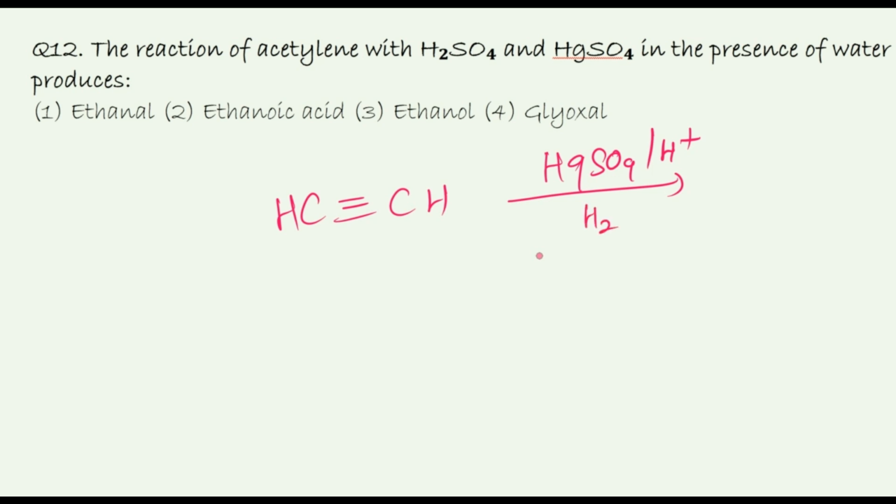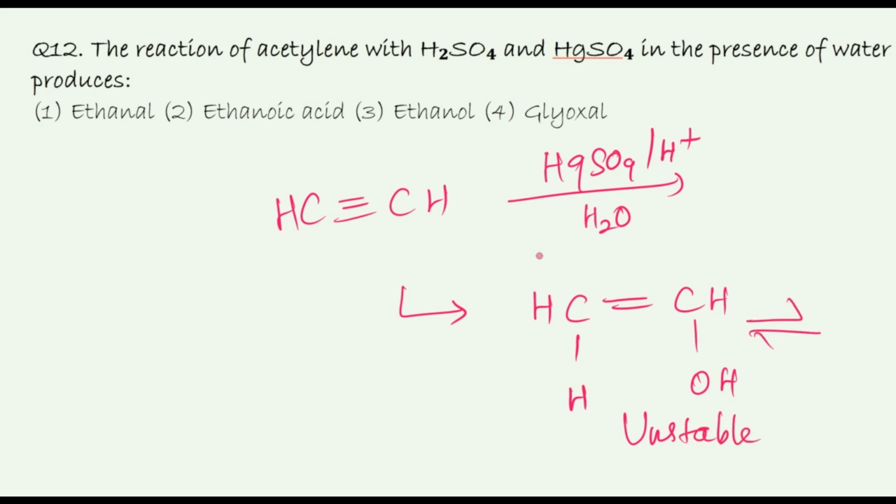So what will happen? Oxymercuration, demercuration. Mercuric sulfate acts as a catalyst, and the reaction proceeds to form H on one side, OH on another side, which makes it CH2=CHOH, which is unstable.